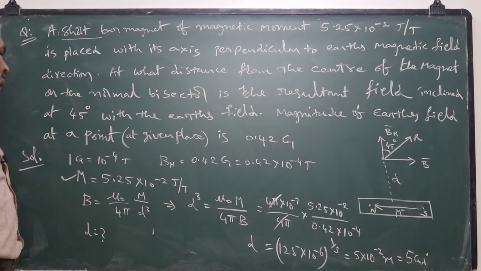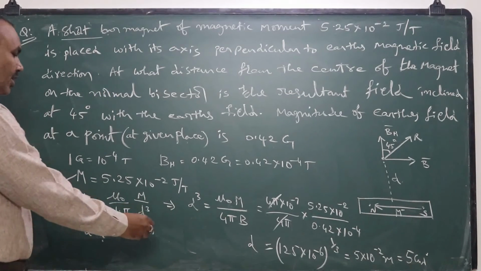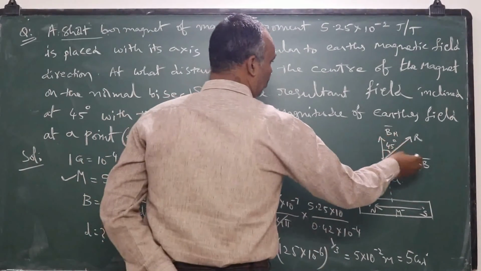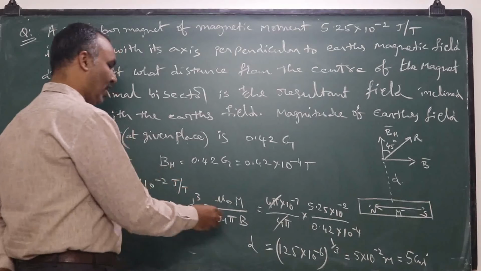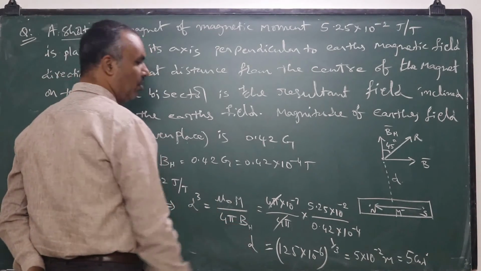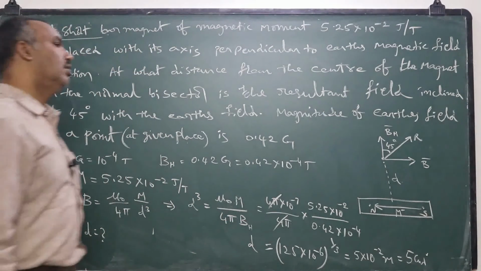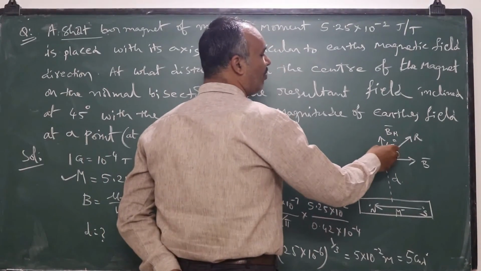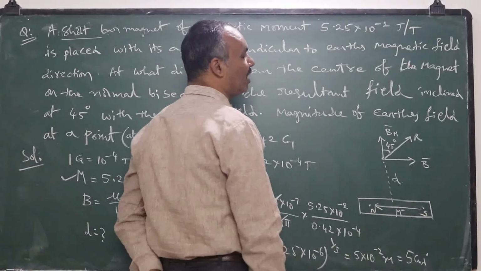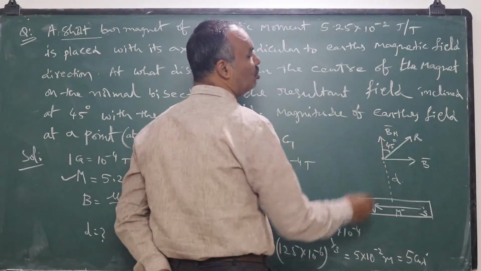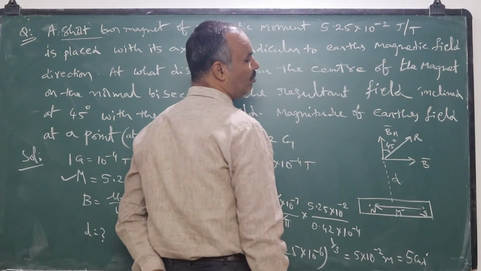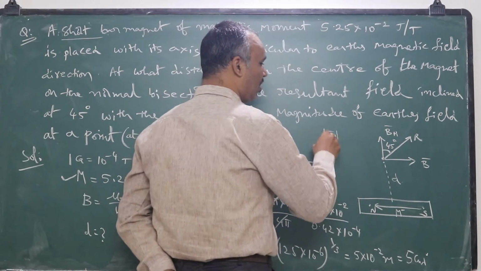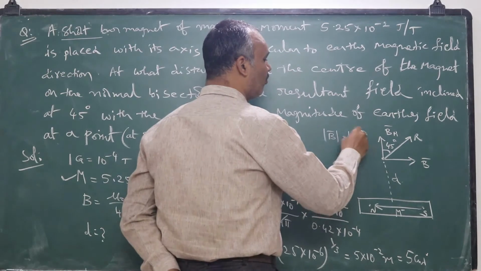You may get some doubt: in the place of B, I have taken BH value. Why? As per the question, the resultant field should make 45 degrees with the earth's magnetic field. It is only possible when the magnitude of the given field and the magnitude of the earth's magnetic field are identical.